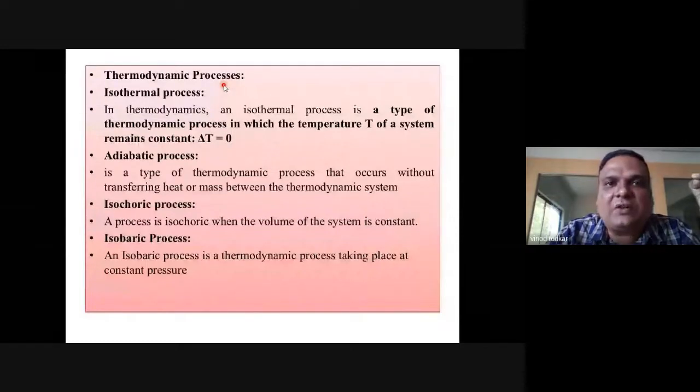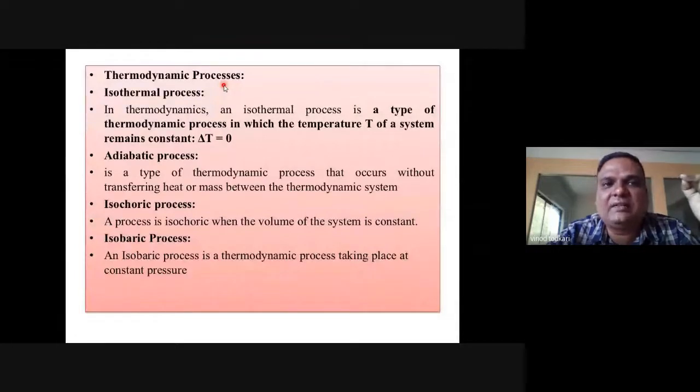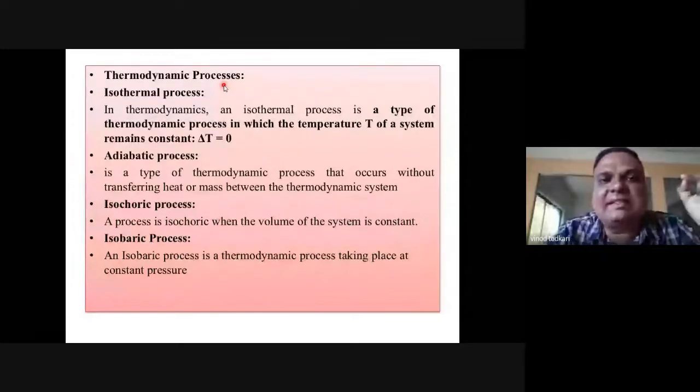When the state of system changes, we say that the system has undergone a process. Is it clear to all of you?